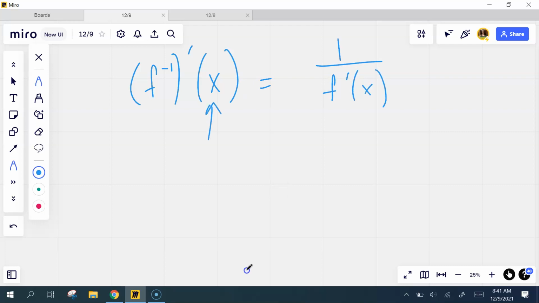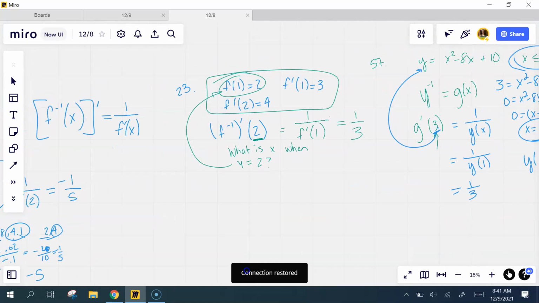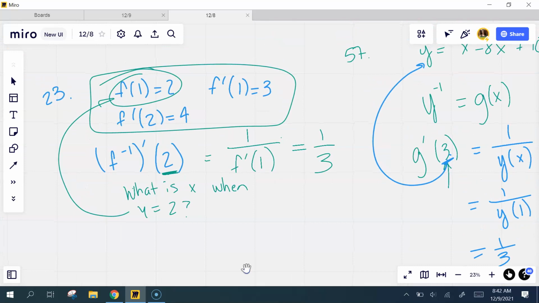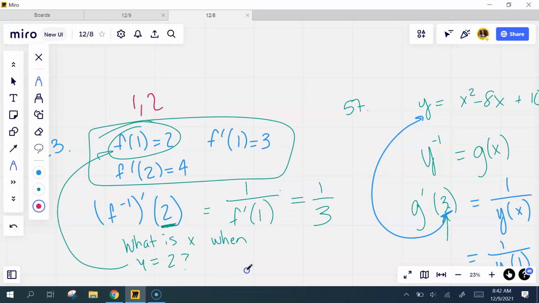But this is actually the y value of the original function because this is an inverse. So if it is like this one, where we know that the point (1, 2) is on the graph, (1, 3) is on the derivative, and (2, 4) is on the derivative.